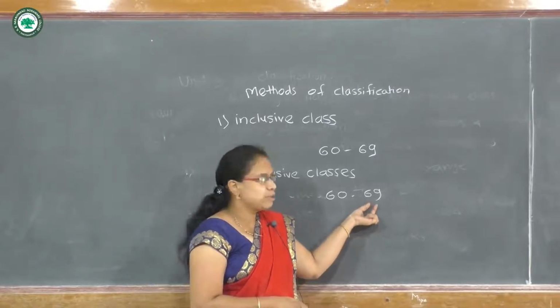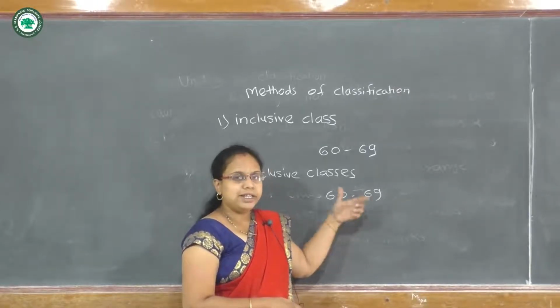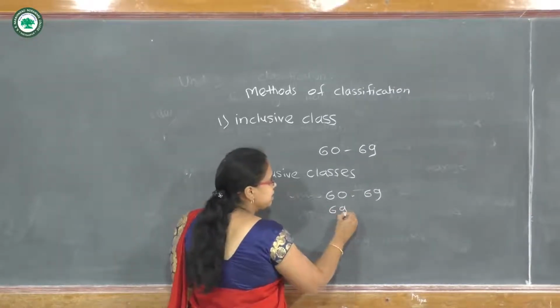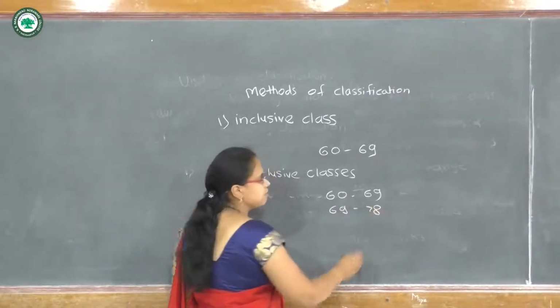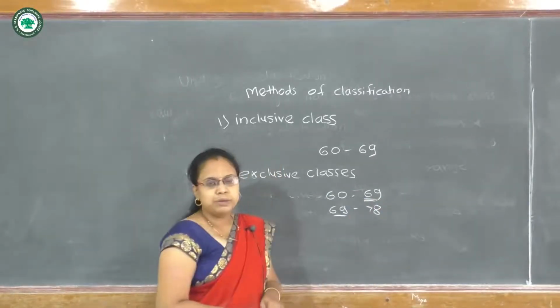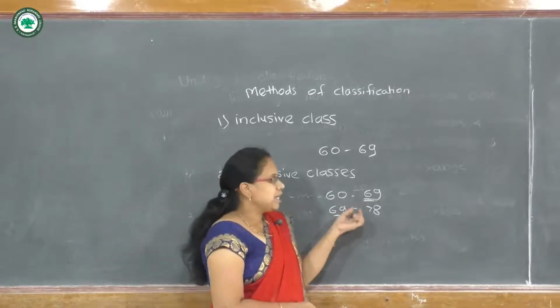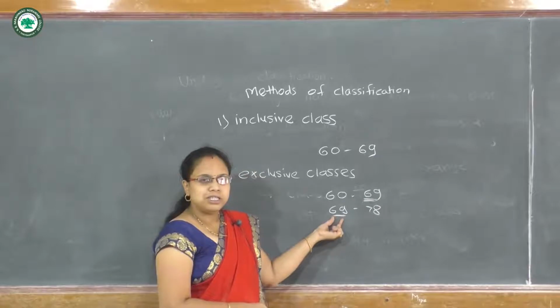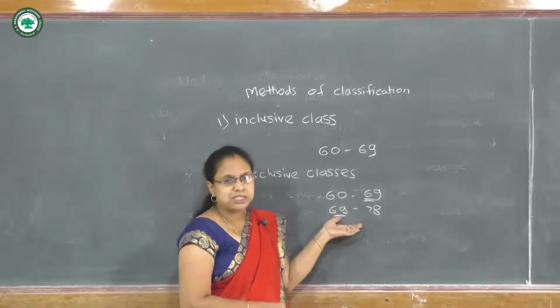Actually it is excluded from that class and included in the next class, suppose 69 to 78. So here we can see there is no gap between the preceding and succeeding classes; this is the upper limit and this is the lower limit of the next class, and these are the same.